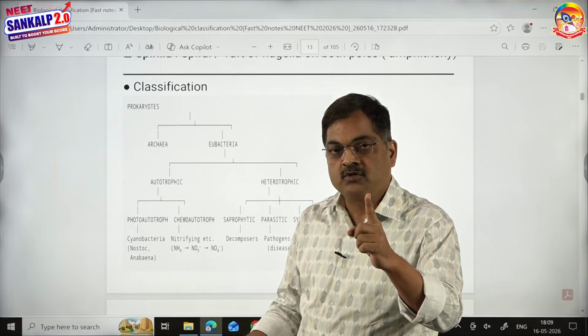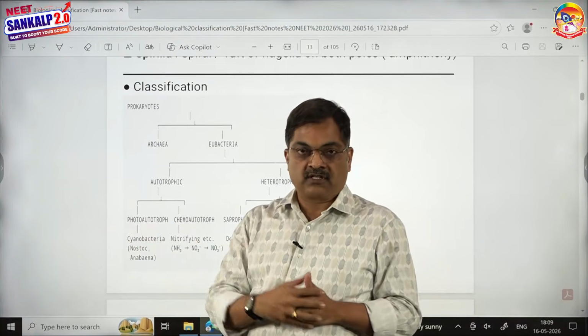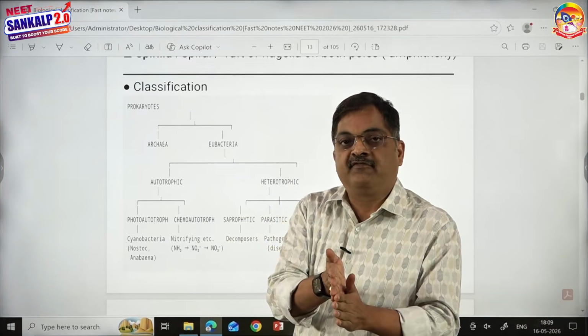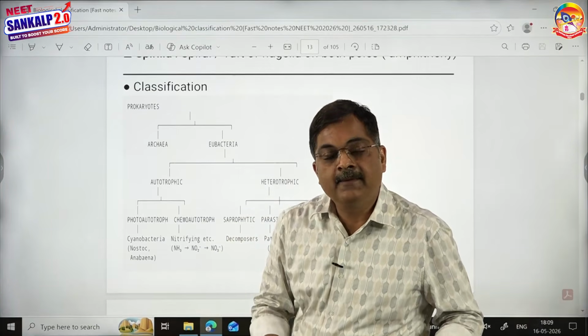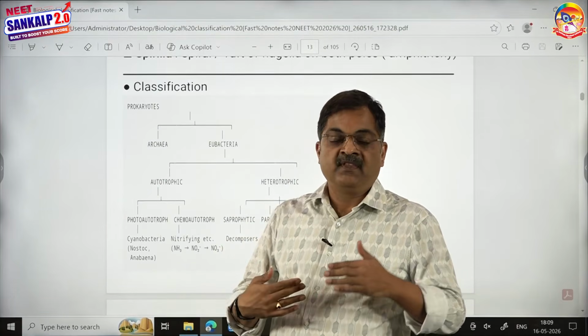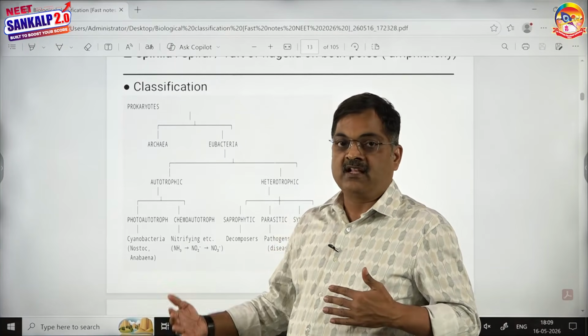Even though they are photoautotrophs, we say that they show anoxygenic photosynthesis. Now I want to tell you, photoautotroph with oxygenic photosynthesis: blue-green alga. Photoautotrophs with anoxygenic photosynthesis: chlorobium, green sulfur bacteria; chromatium, purple sulfur bacteria.